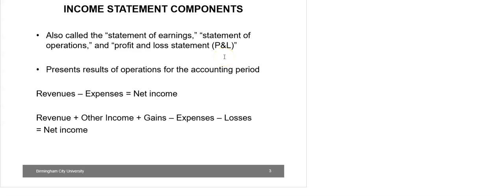Net revenue, on the other hand, means revenue that is reported after adjusting for cash and volume discounts or for estimated returns from customers. Revenues may be called sales or turnover. However, there is a difference.